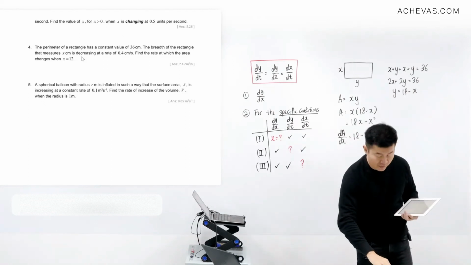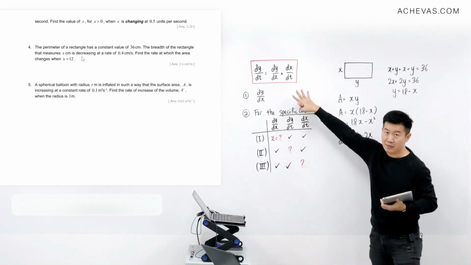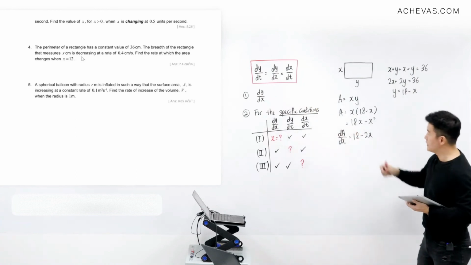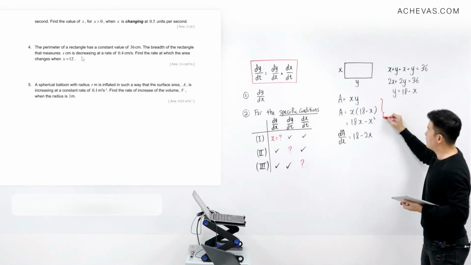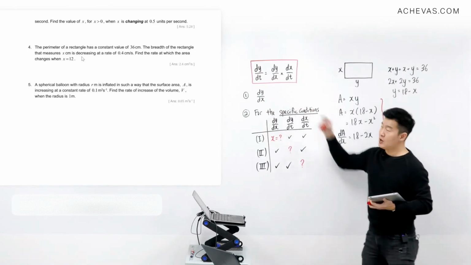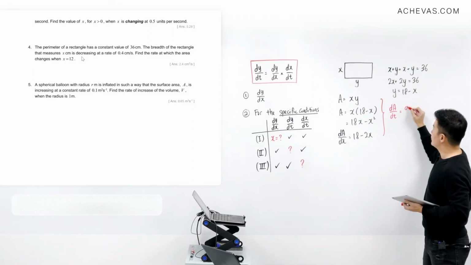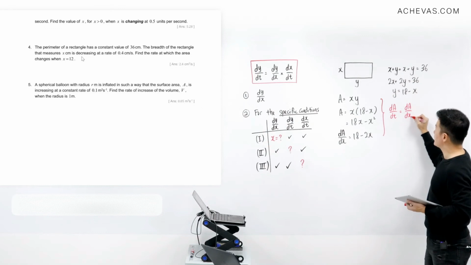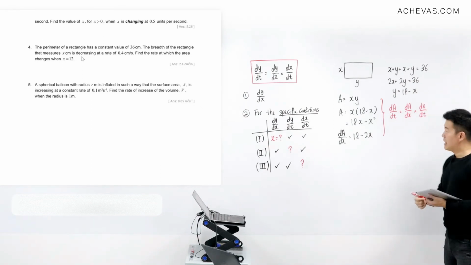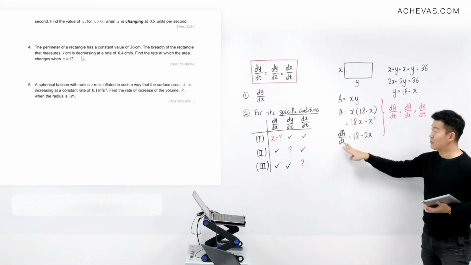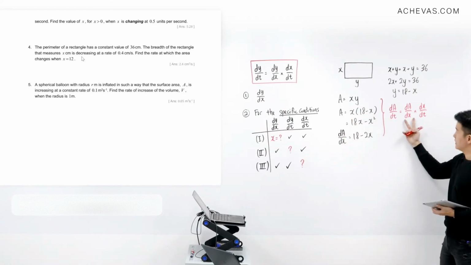Because what we have in mind is, if I were to be applying the rate of change equation to a scenario like this, customizing it for this question, this will become dA/dt is equal to dA/dx multiplied by dx/dt. My inspiration comes from the fact that I can find dA/dx, which exists here.